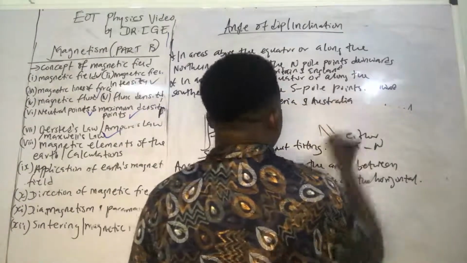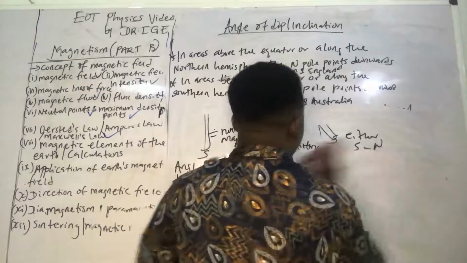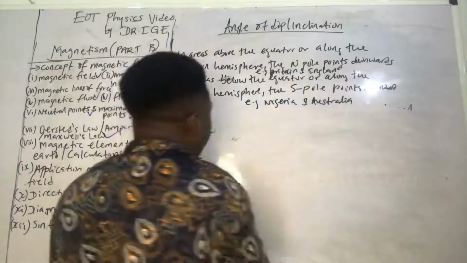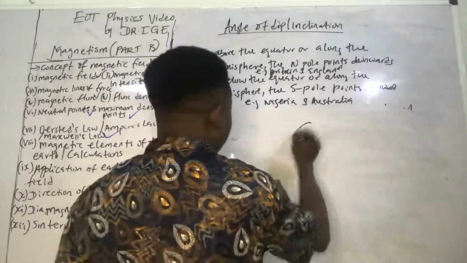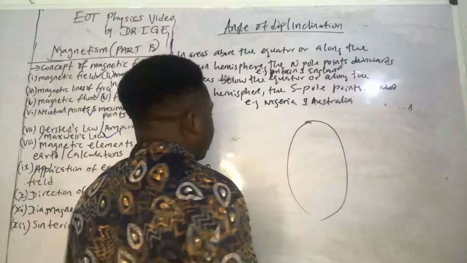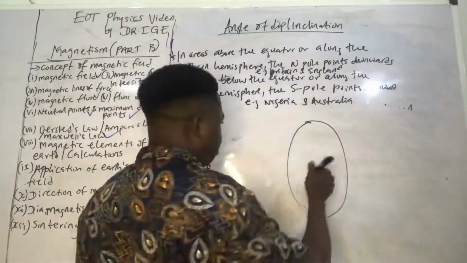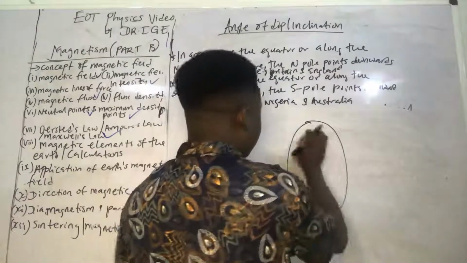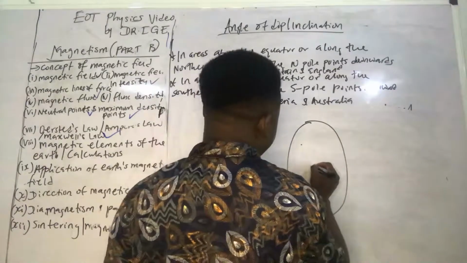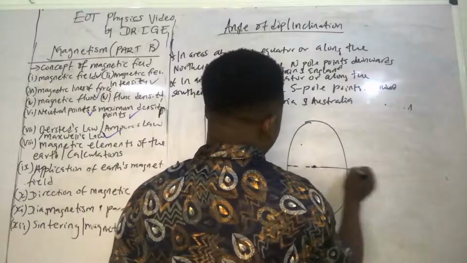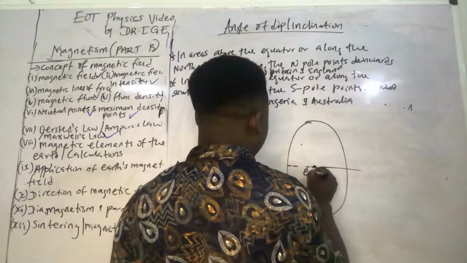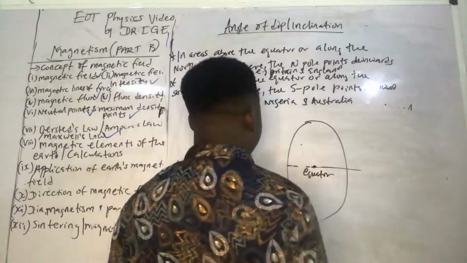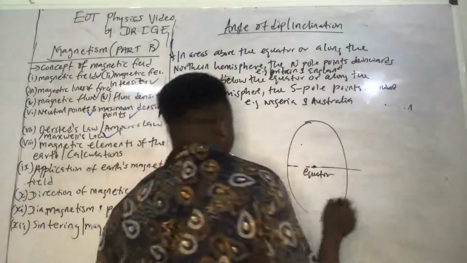So I'm going to use the diagram to explain this, so you don't get confused. Okay, now let's say this is the Earth, and let's say now this is that bar magnet. Now remember, the midpoint of this is called the equator. We did geography now; we learned about lines of latitude and longitude.